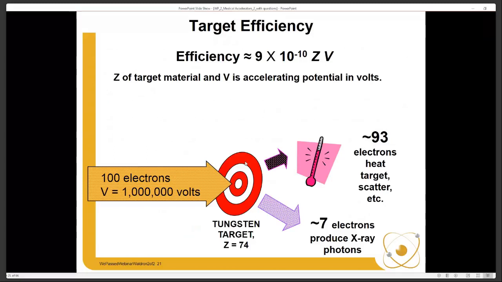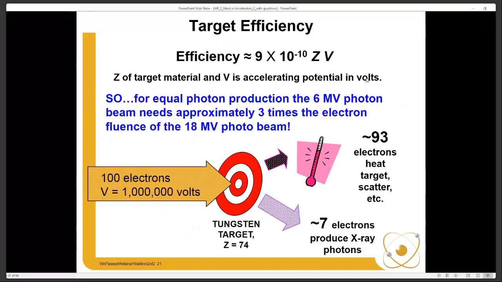One interesting feature of this is that because of the V here, if I have a 6 MV beam and an 18 MV beam, I'm going to need about 3 times the electrons for my 6 MV beam that I have for my 18 MV beam in order to produce the same photon fluence leaving the target.